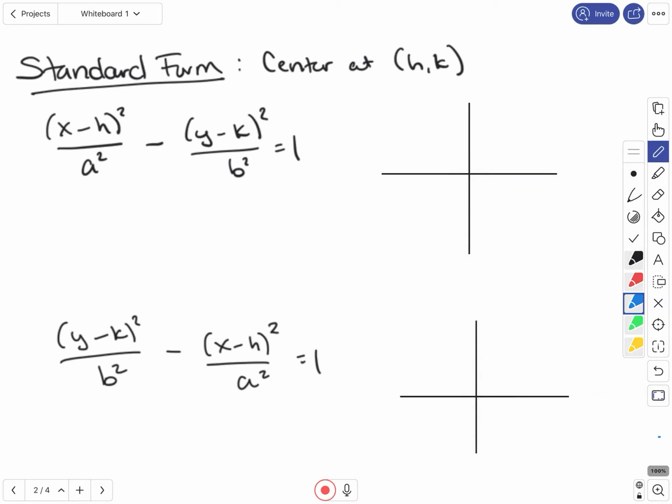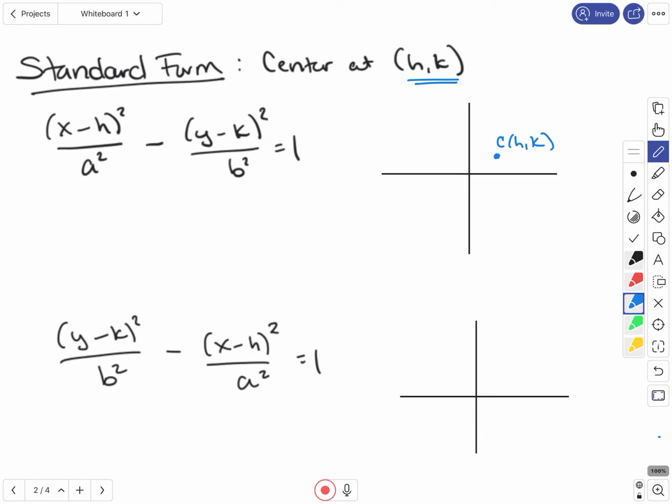And let's say the center is at (h, k). If the center is at (h, k), then here's what we have.